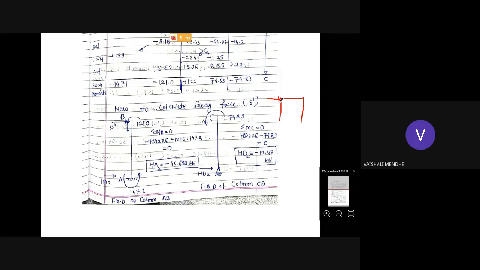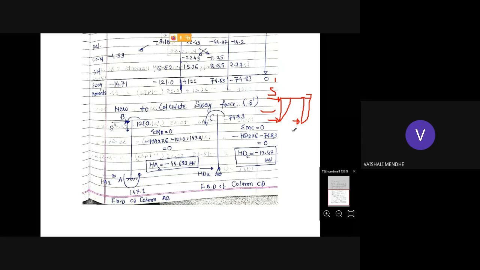This force is S dash, and your frame gets deflected like this. Here there is reaction HA2 and this is reaction HD2. So now you consider the entire equilibrium of this frame and tell me the equation.